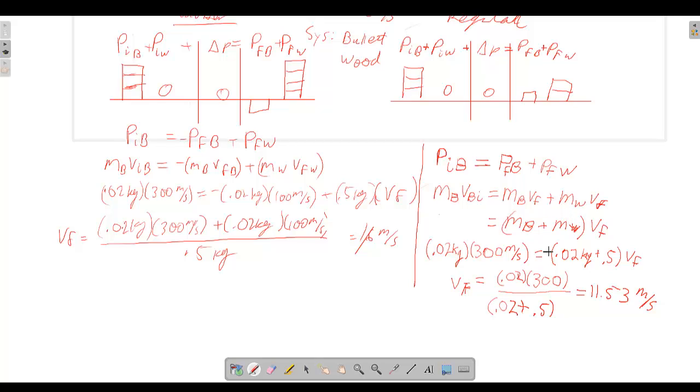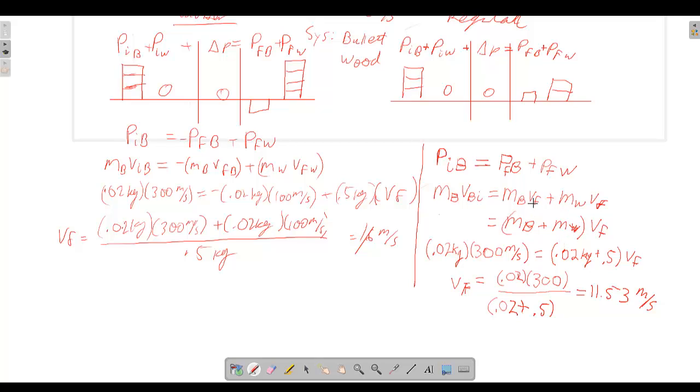You'll notice that the V final here I didn't specify like I did in the last one where I said V final wood and V final bullet. That is because the two of them are stuck together, if you'll recall, so they actually have the same velocity. So I just put in V final.